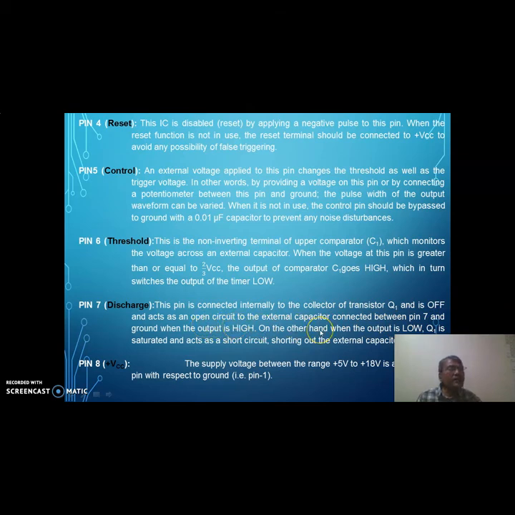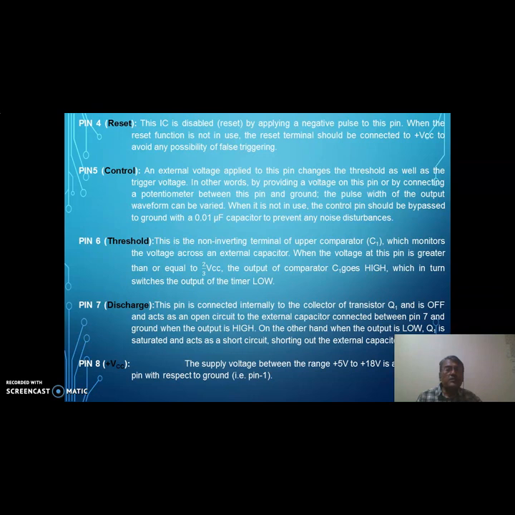On the other hand, when the output is low, this transistor gets saturated and acts as a short circuit, shorting the external capacitor to the ground. So by connecting external components, resistors and a capacitor, between these pins, we can control the timing of this timer.